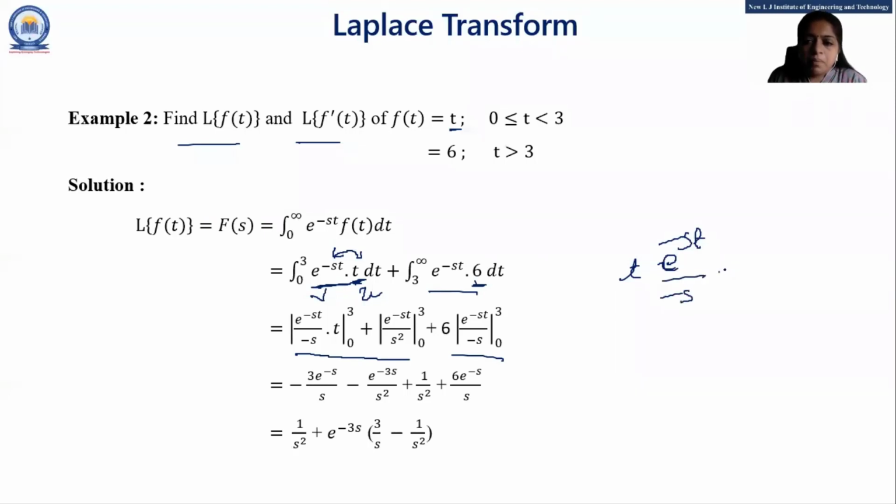Then minus the derivative of t, which is 1, and e raised to minus st upon minus s into minus s, that is s square. Here is a minus sign, not plus. Okay, students, so any doubt?